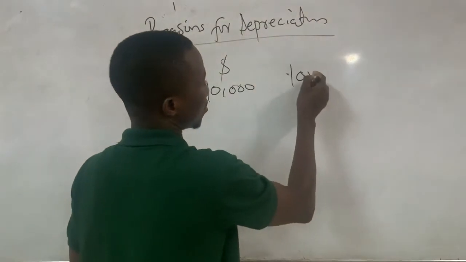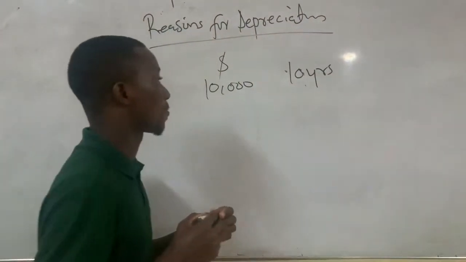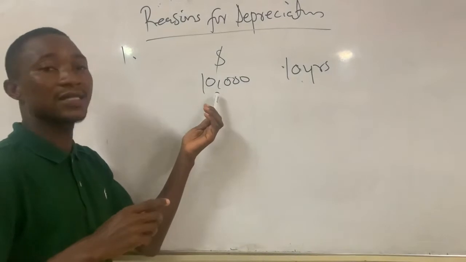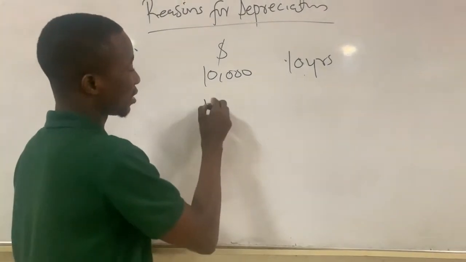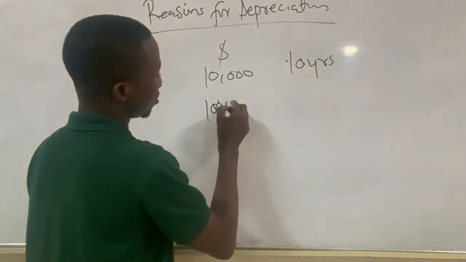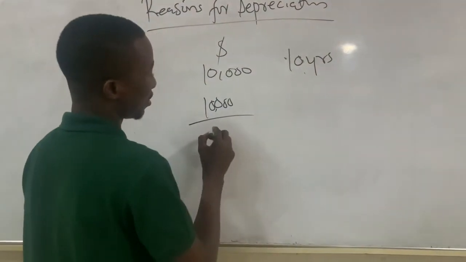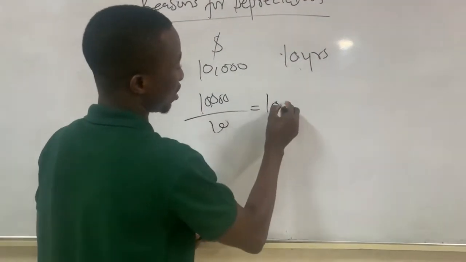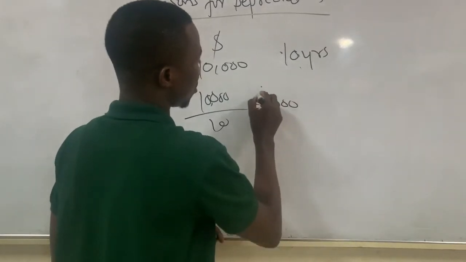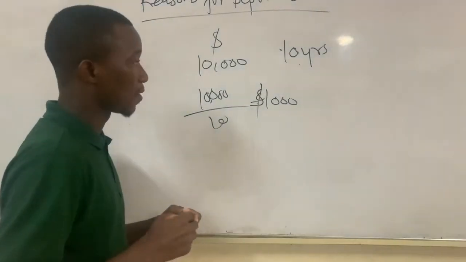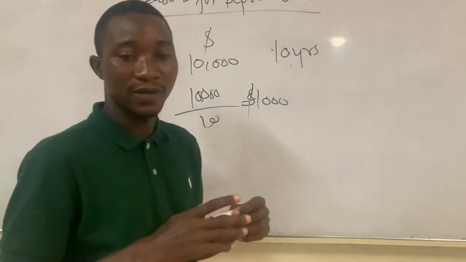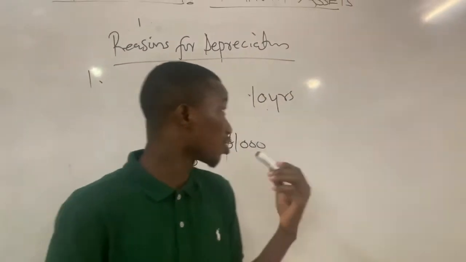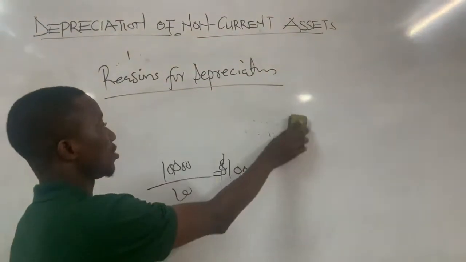We need to spread this $10,000 over its estimated useful life, so $10,000 over 10 years gives us $1,000. This is how we spread the cost of the asset over its estimated useful life.